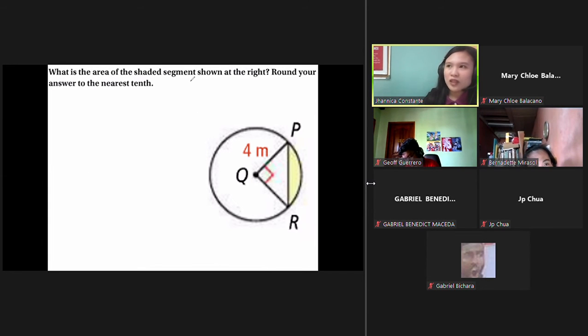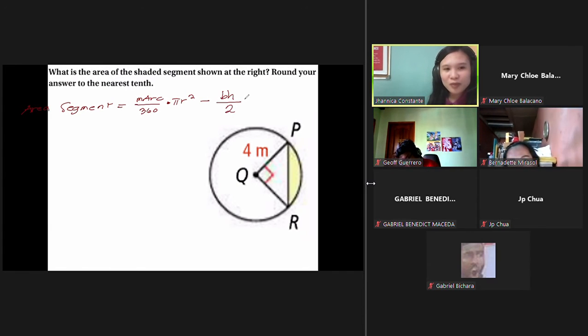So following the formula for the area of segment, area of segment is equal to the measurement of the arc divided by 360 multiplied by pi r squared minus base times height divided by 2.